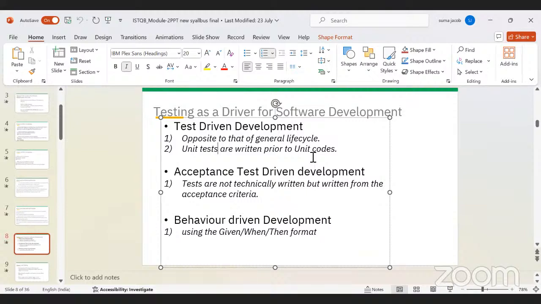The step here is first to write the unit test and then give it to the developers. Then the developers will write a unit code to make the test pass. If in the first case the test does not pass, then they will make more changes to their code until they succeed, until the test actually passes. That is how it works.